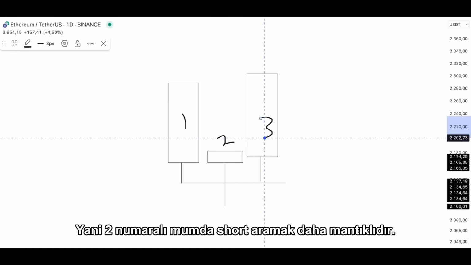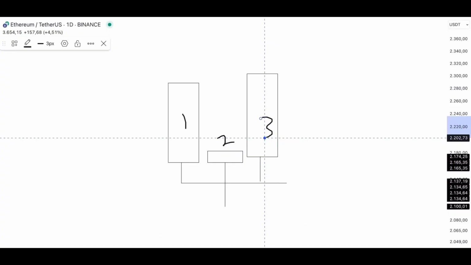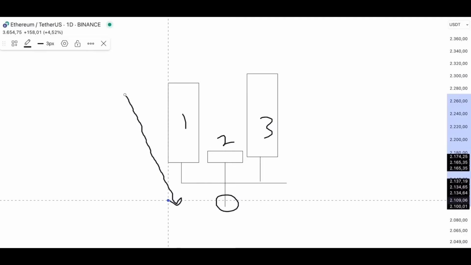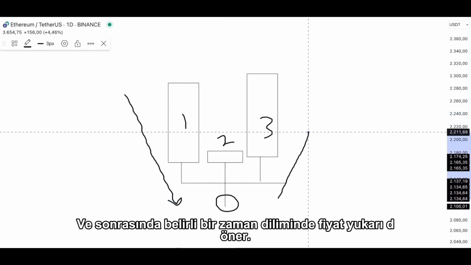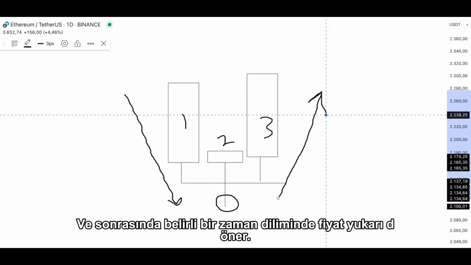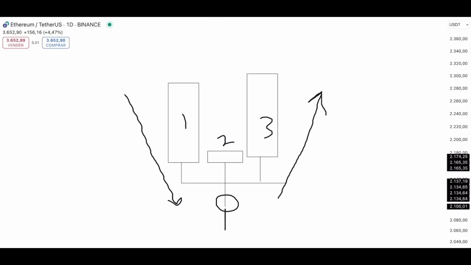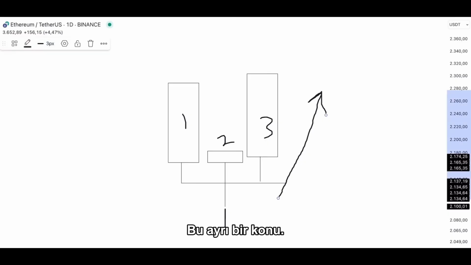It sells better in candle number 2. Right, and then it marks the reversal, the end of this downtrend, and then it goes up. Right, at a certain point in time, reversal happens where time meets price, and it starts pumping back up. That's one thing.